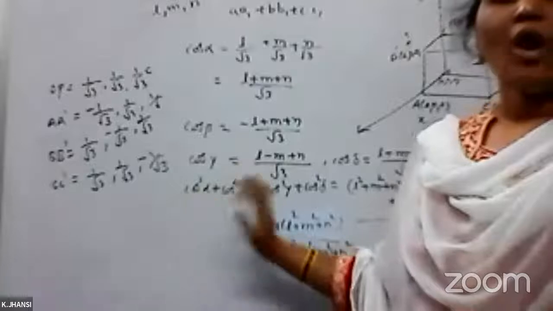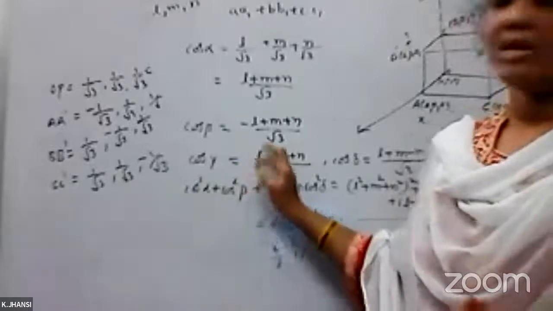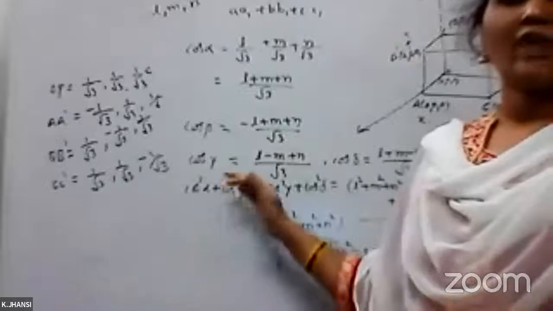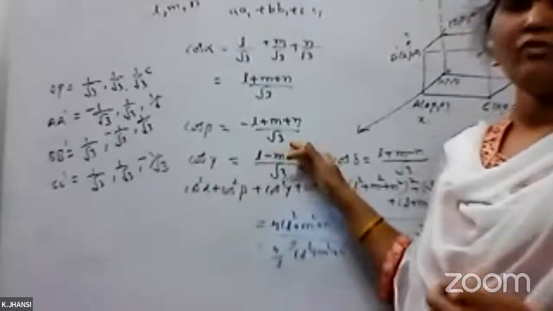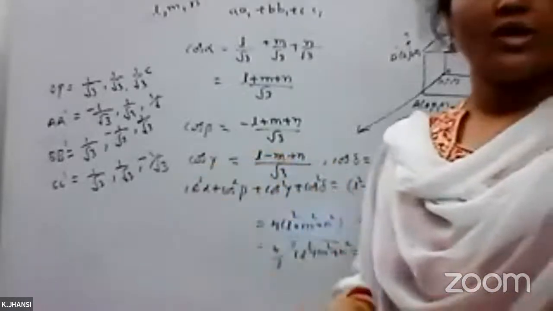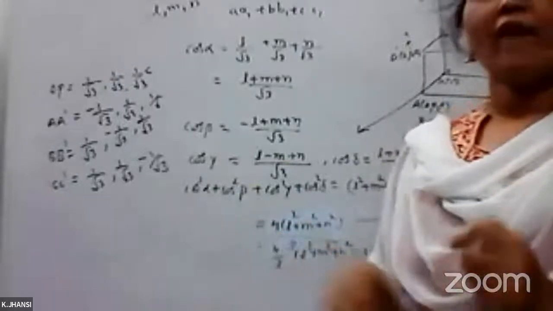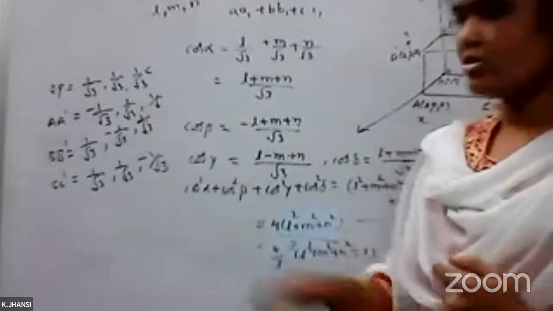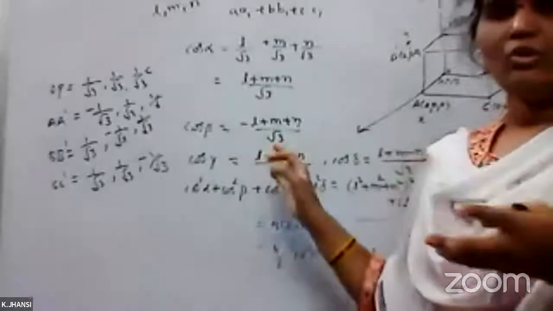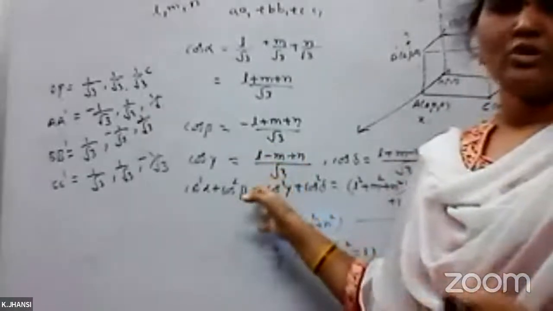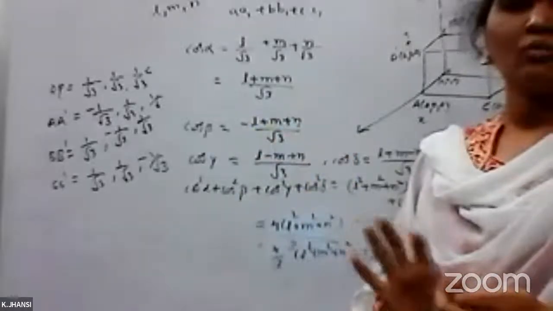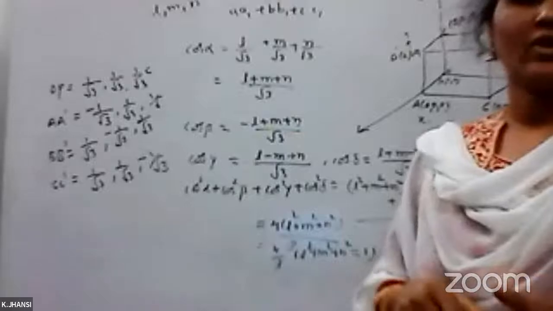You will get 2 or 3 multiple choice questions, because small formulas are there: finding the distance, finding the midpoint, and finding the coordinates with the help of the ratio. You may get them in multiple choice, match the following, or fill in the blanks. So almost 4 objective type questions you may get from this unit.